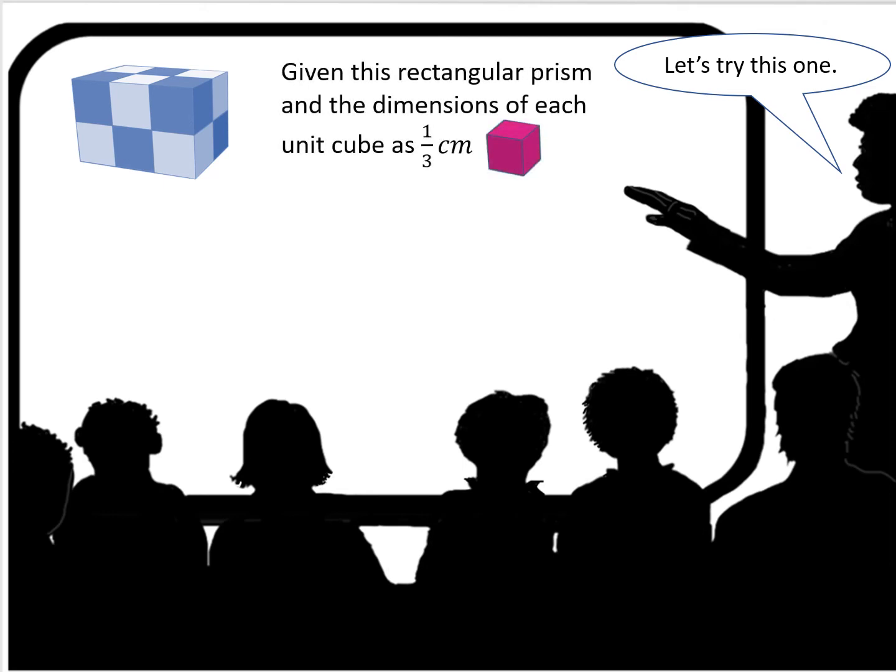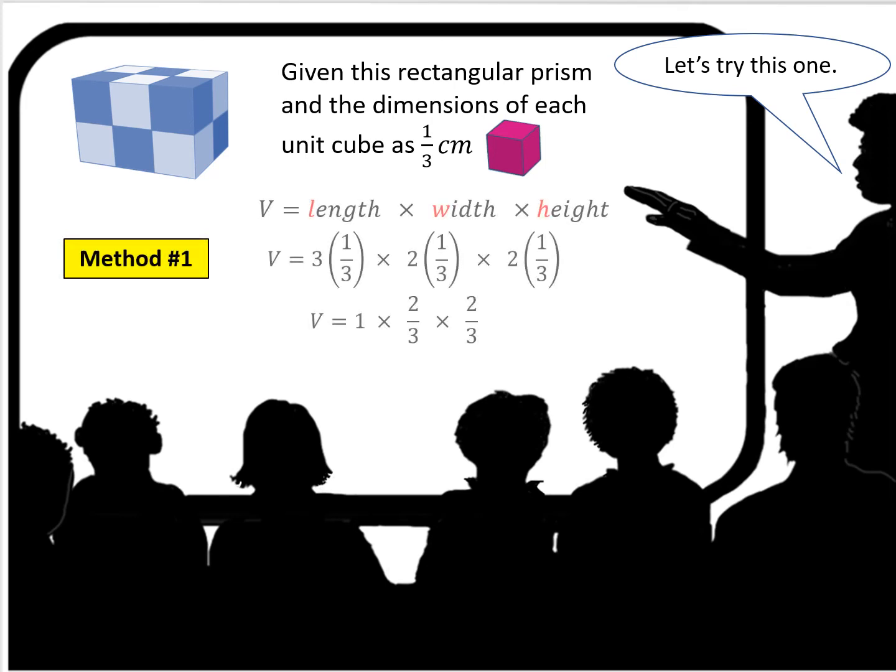Given this rectangular prism and the dimensions of each unit cube as 1/3 centimeter, the first method, we're going to use the volume formula, length times width times height, and we're going to use the dimensions of the cube. So we have 3 at 1/3 centimeters. That's going to be this length right here.